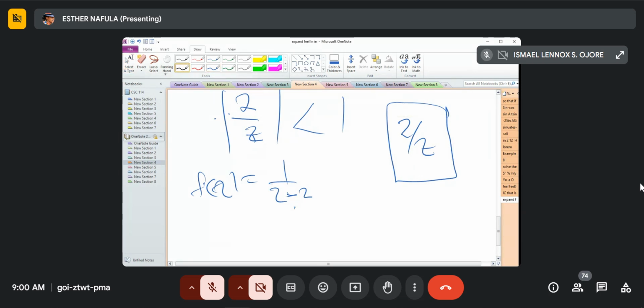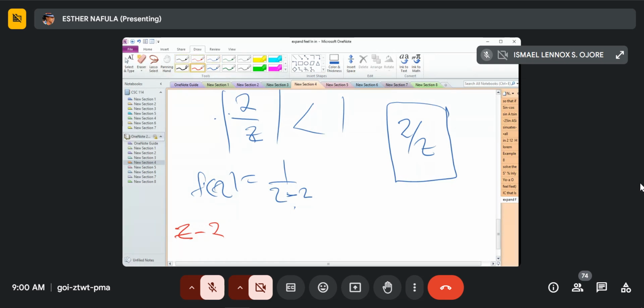What do we do? Divide by what? The denominator should guide you. Your denominator is z minus 2. How can you arrive at a 2 divided by z? You divide through by z.